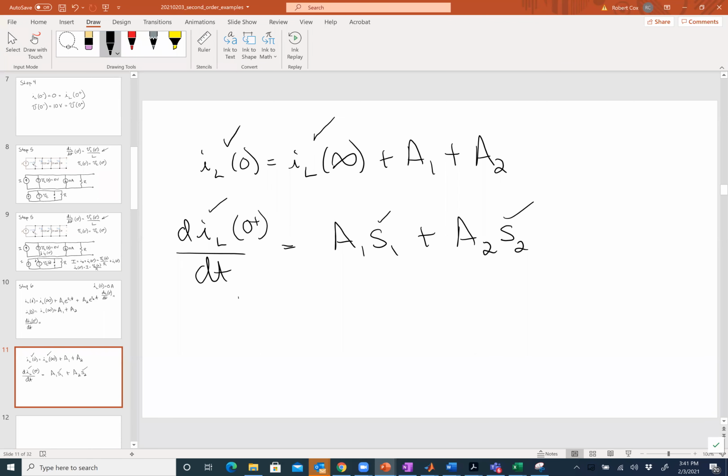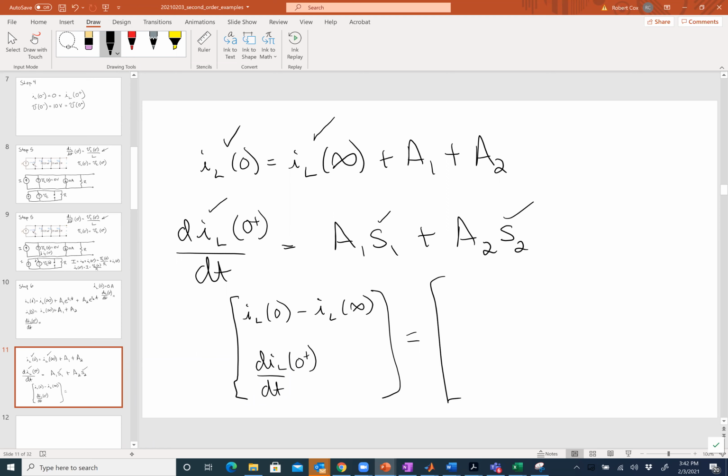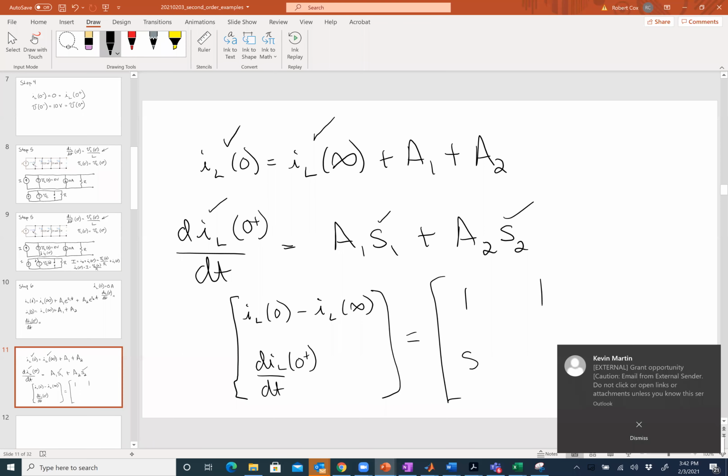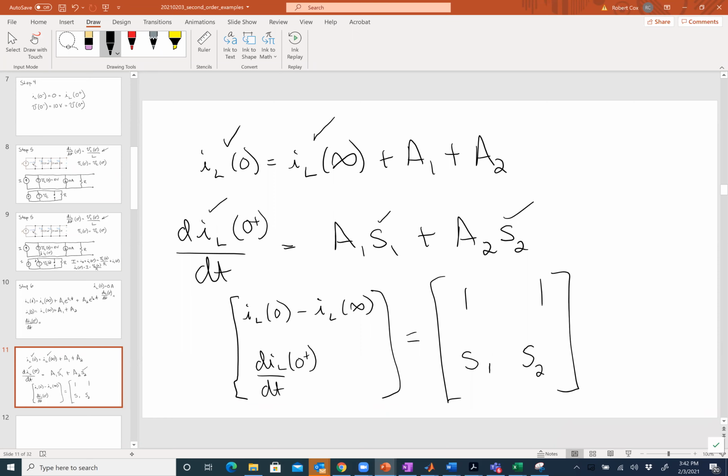So what I do is turn that into IL of 0 minus IL of infinity, and dIL/dt of 0 plus, equal to the matrix 1, 1, S1, S2 times A1, A2.